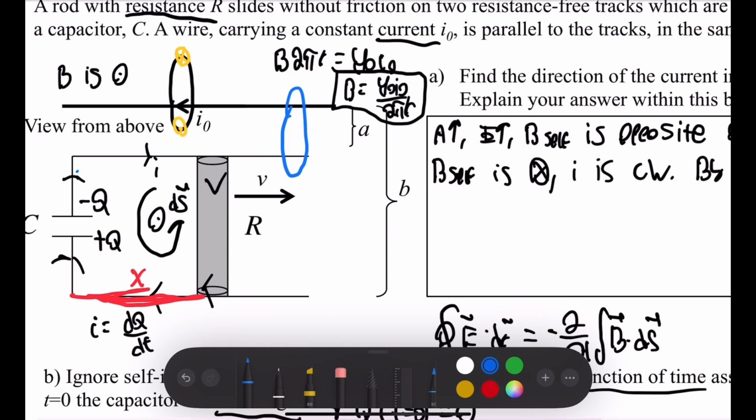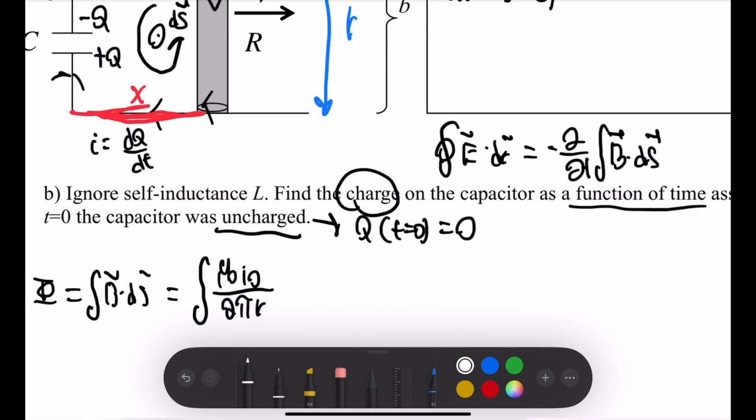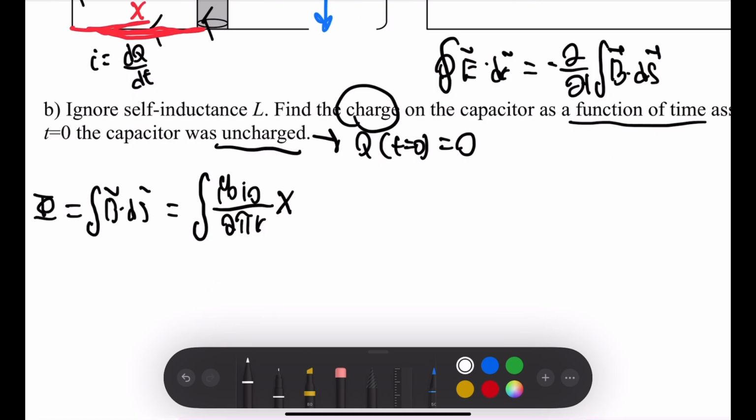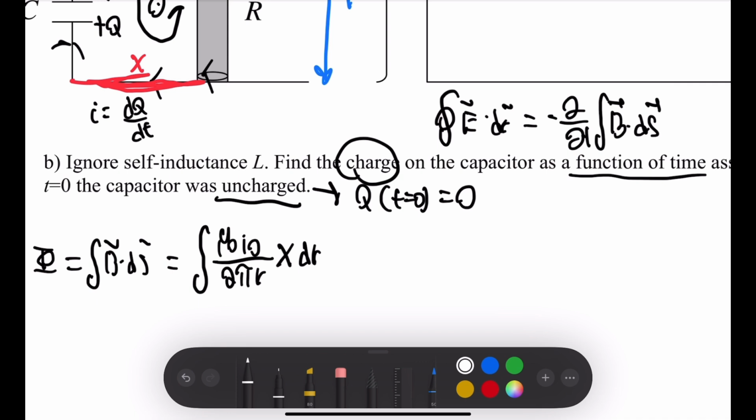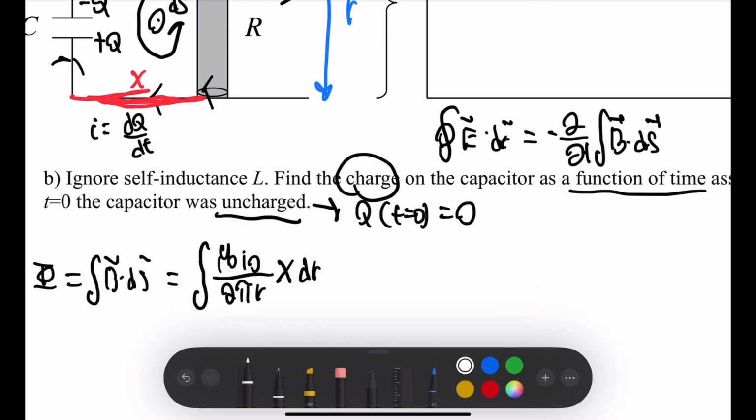We're going to need a slice of this height essentially, and we'll call this dr because from here to here, I'm saying this is r, so then this whole distance will be r as well. So then my area is going to be x, which is changing, and then dr, which is also changing. And one way to check if you're correct as well, you're going to be integrating over r. So you're going to need to have dr or dx or dy, whatever, one way or another.